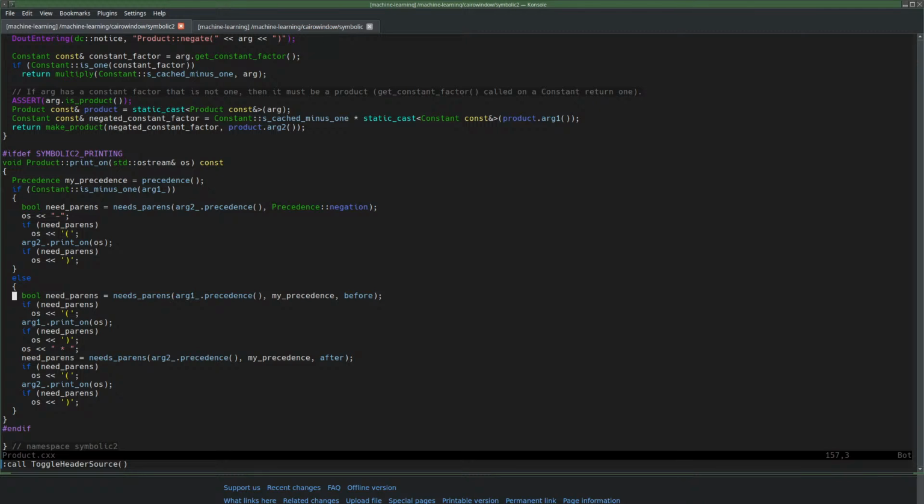Before. Can't be negation if I use before or after. It's just stupid. Let's choose product here.